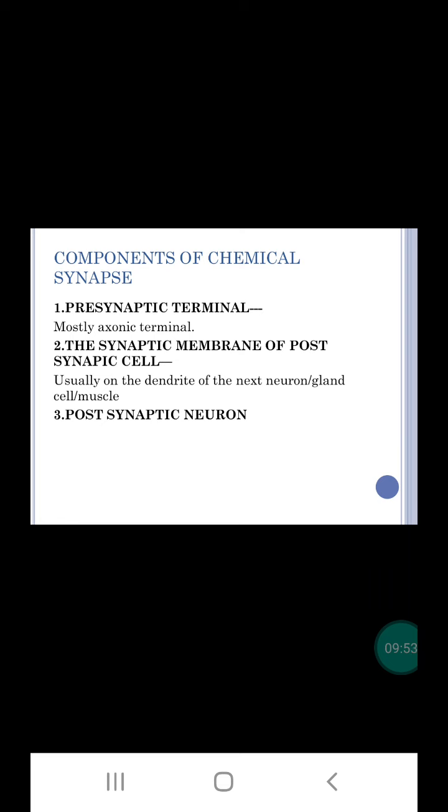Now we'll see components of chemical synapses. Three components are there. First is presynaptic terminal, which is mostly axonic terminal. Then synaptic membrane of postsynaptic cell, usually on the dendrite of the next neuron or the gland cell or the muscle. And third is postsynaptic neuron. So these three are the components of chemical synapse.